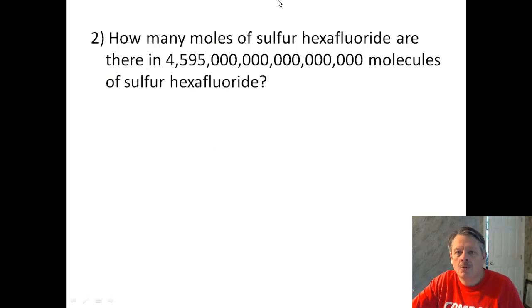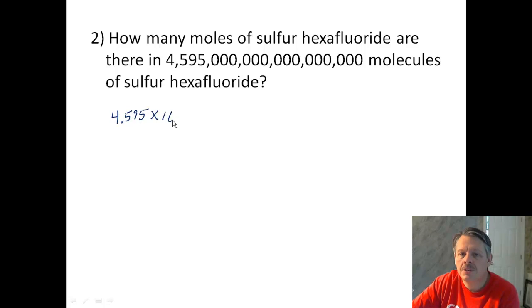All right, how many moles of sulfur hexafluoride are there in this many molecules? Well, it's a lot easier for me to convert this into scientific notation, so I'm going to say 4.595 times 10 to the, 3, 6, 9, 12, 15, 18. That's the 18th.